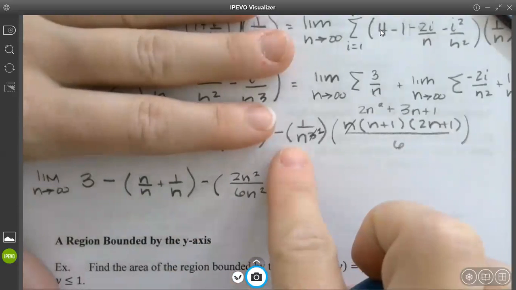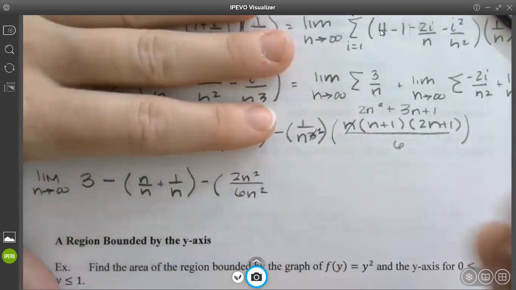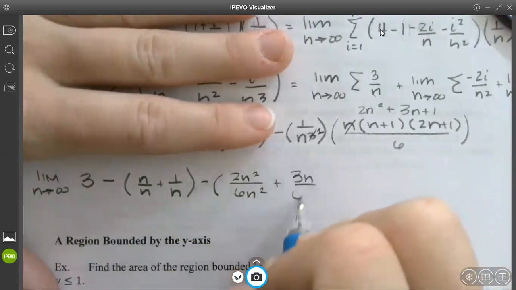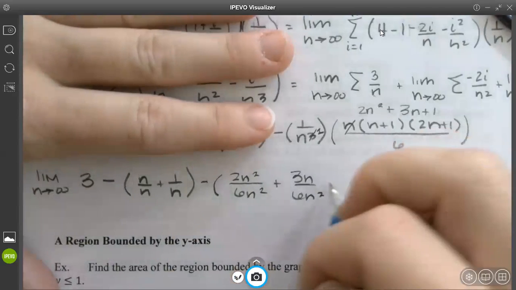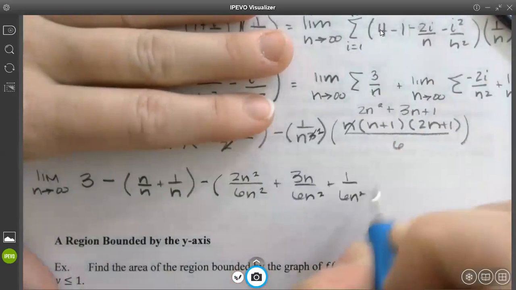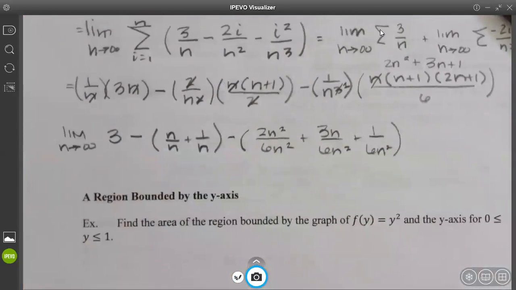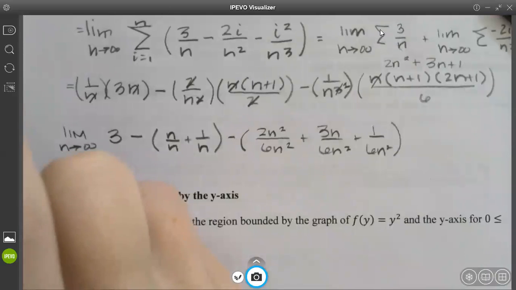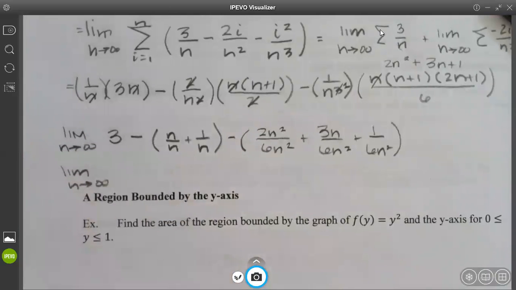Is everybody okay with that? Yeah. Then I'm going to have what? And then I'm going to have? Remember, you're almost done. It's all simplification from here, and then you know how to find your limits.